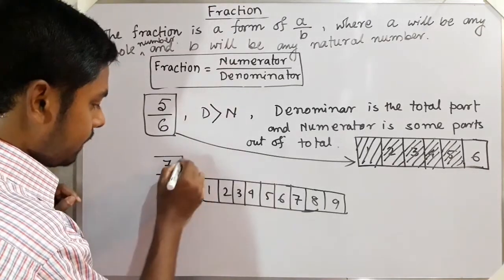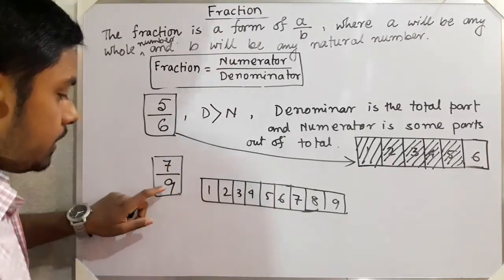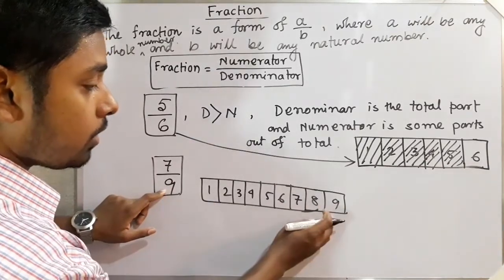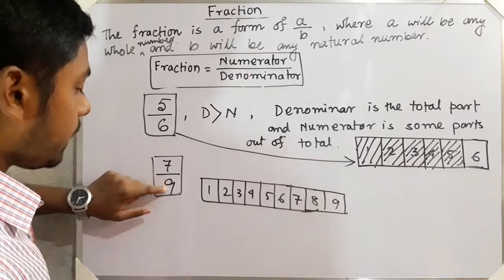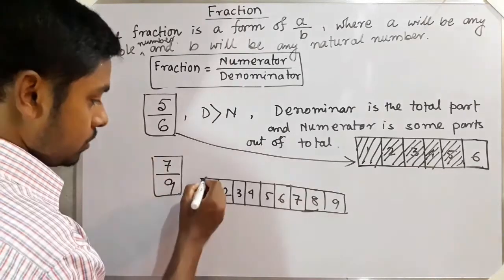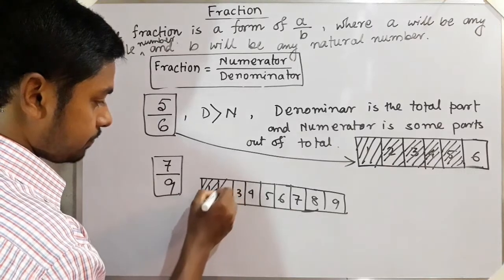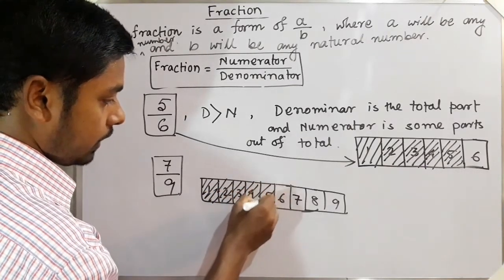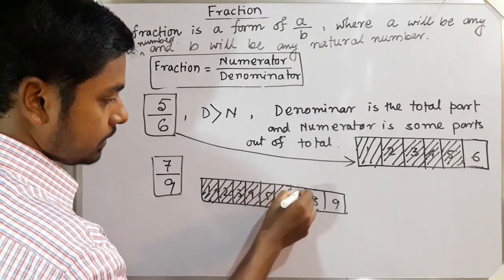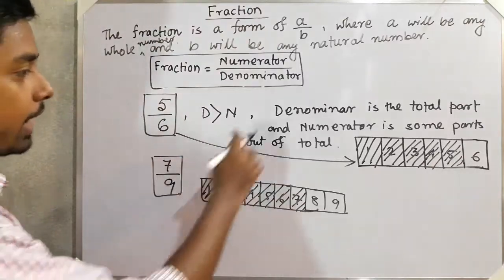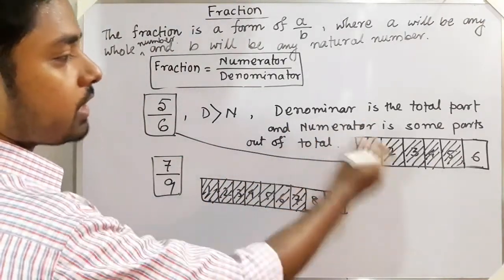Here total parts is 9. So 9 parts total. And out of 9, how many parts we have to show? We have to represent 7. So 7 parts. 3, 4, 5, 6, 7. This is the representation, and actually we are talking about what?